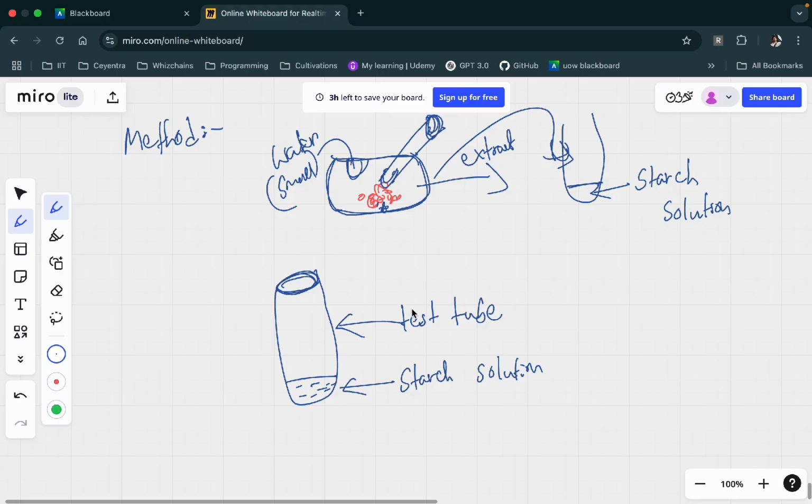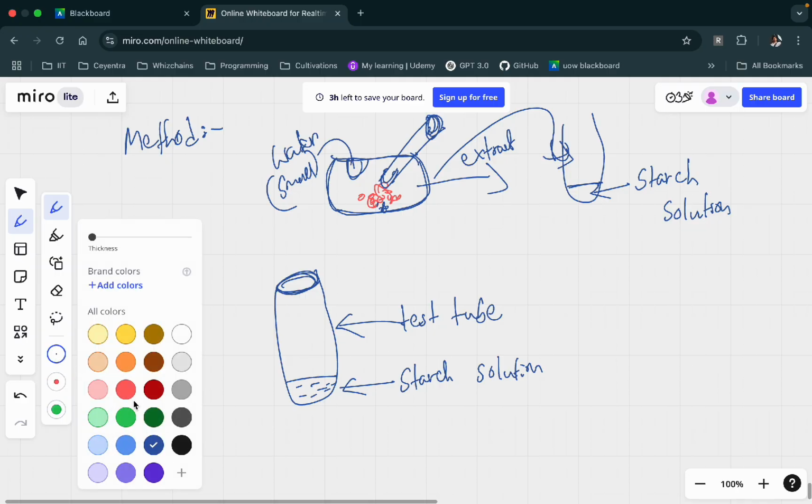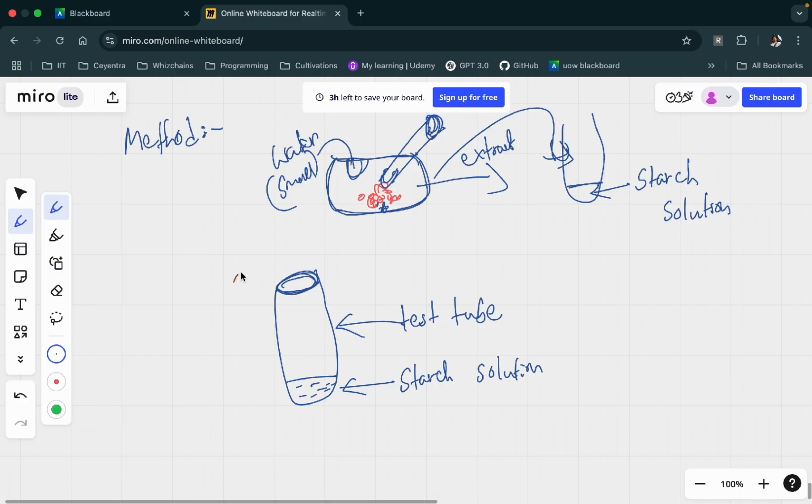Then we need to add a small drop of iodine solution. We need to add a drop of iodine solution.